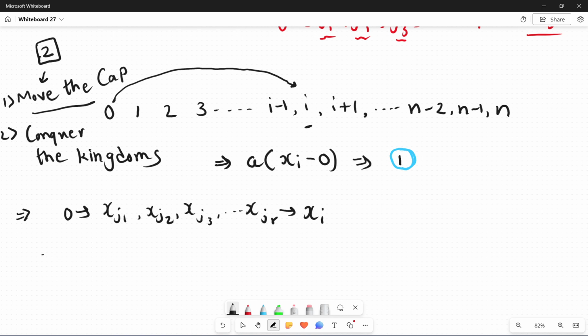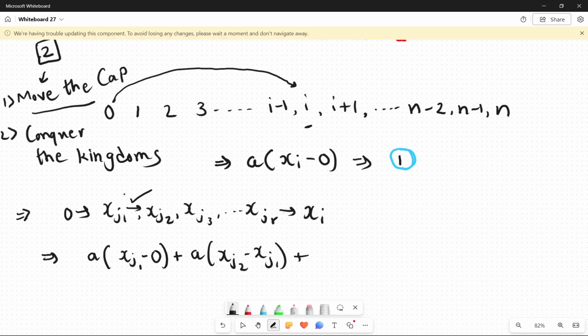Okay, so what is the cost incurred here? In the first step from 0 to xj1, you will incur a into xj1 minus 0, plus in the second step you will incur a into xj2 minus xj1, right? Now what about this step?